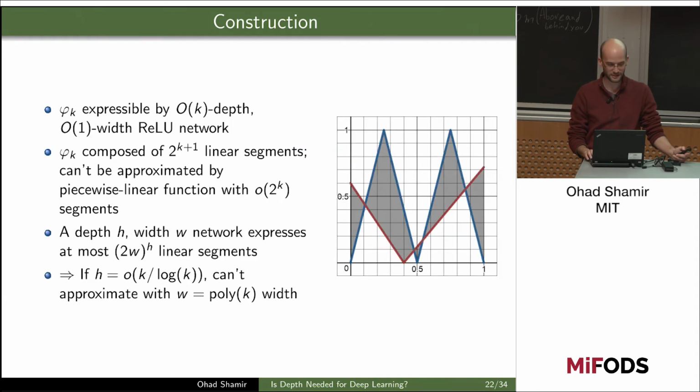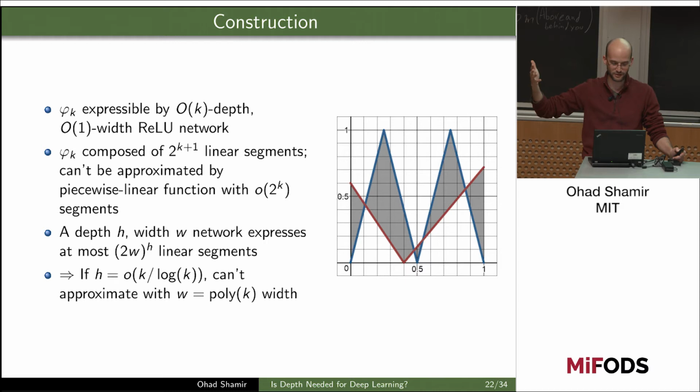So on one hand, expressing phi of k, this composition of k functions, I can easily do with depth k and constant width. But it's not hard to show that if I try to do it with a much shallower network, I won't be able to do it because it has so many zigzags. So phi k is composed of 2 to the k plus 1 linear segments.